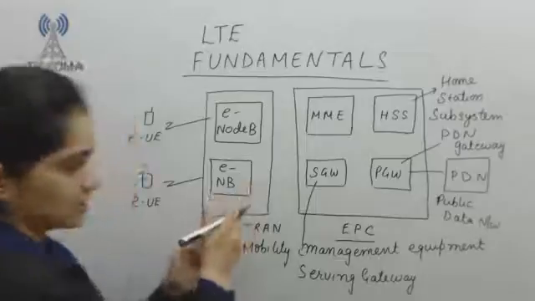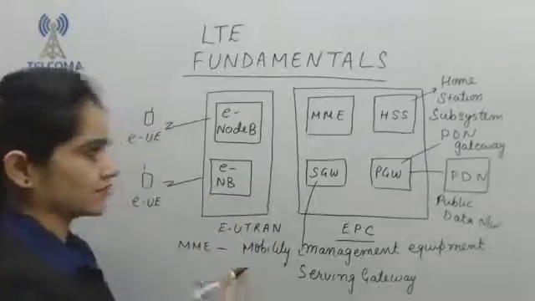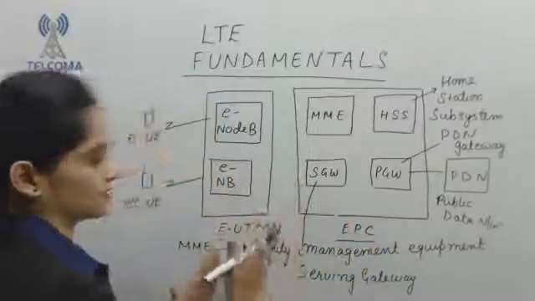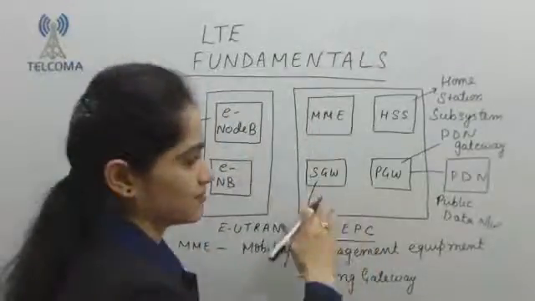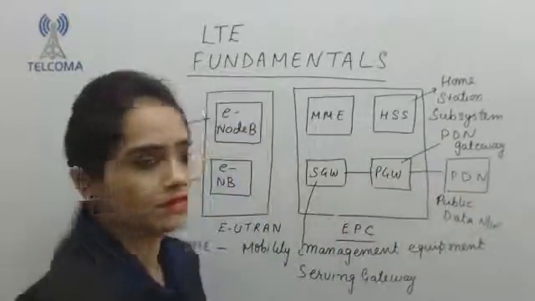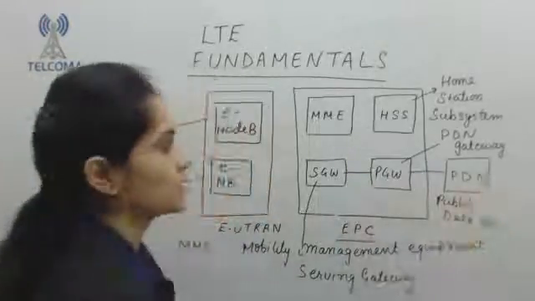So eNode B, that means the radio access network, has to contact the EPC. Every eNode B is connected to MME and serving gateway, and serving gateway is again connected to PDN gateway and PDN.